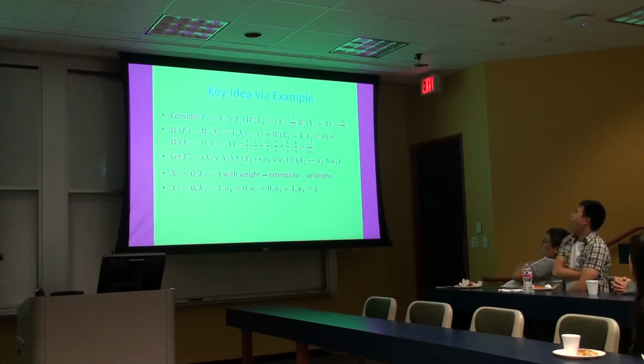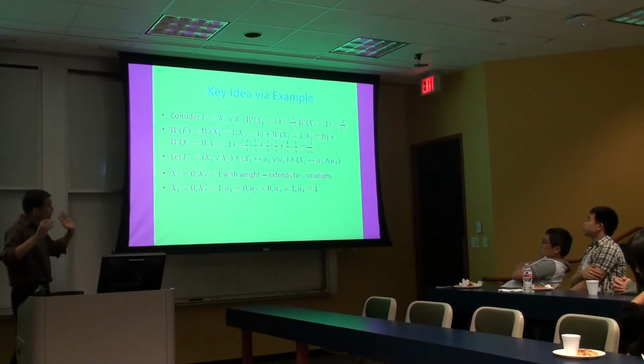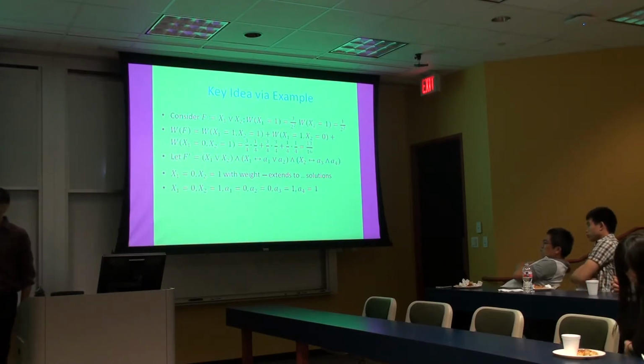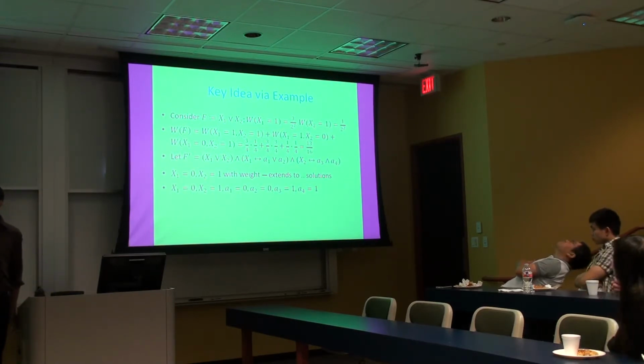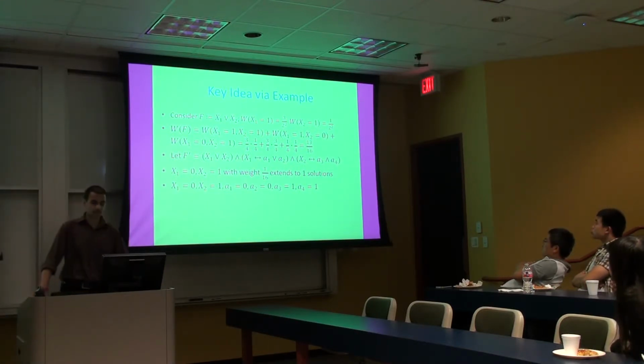We actually have one satisfying assignment. There are no others. Once you assign x1 equals 0 and x2 equals 1, you only have these choices for a1, a2, a3, a4. You notice it had 1 by 16 weight, and we extended it to 1 solution, just the one we have right here.